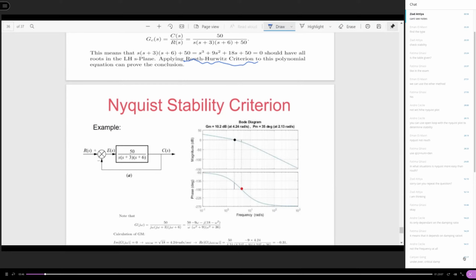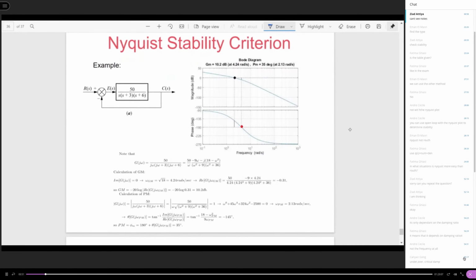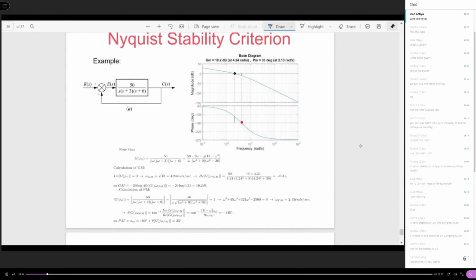From this example, you should be clear about the applicability of these two different stability criteria, and when you can use the Nyquist stability criterion and when you can use the Rose-Hurwitz criterion. That is the purpose for me spending so much time on this example.